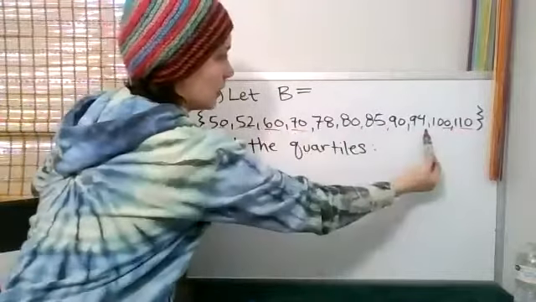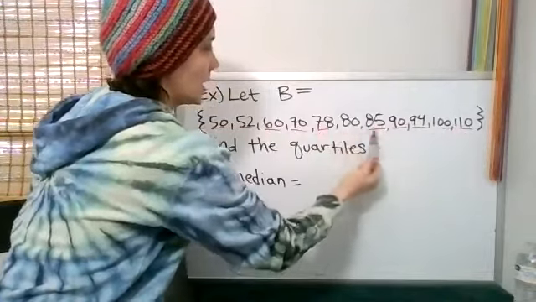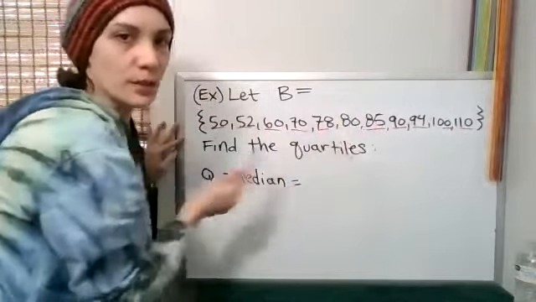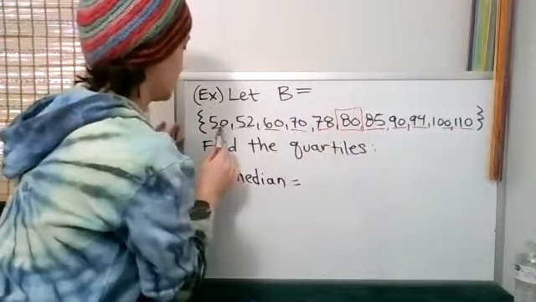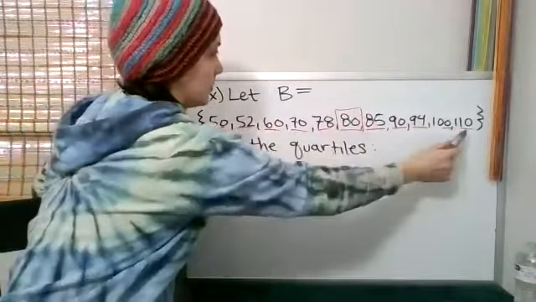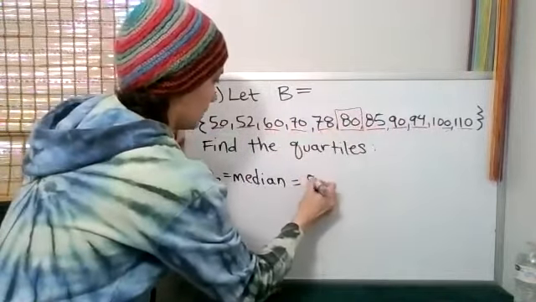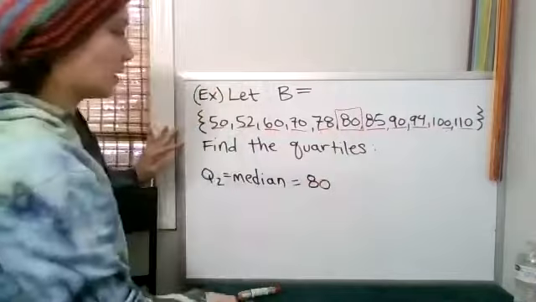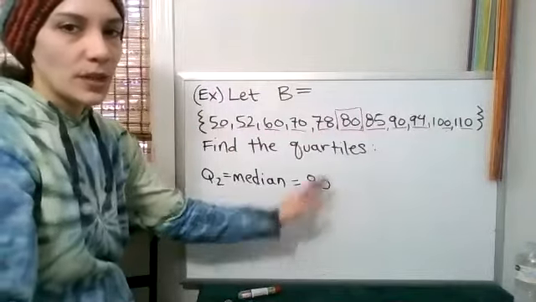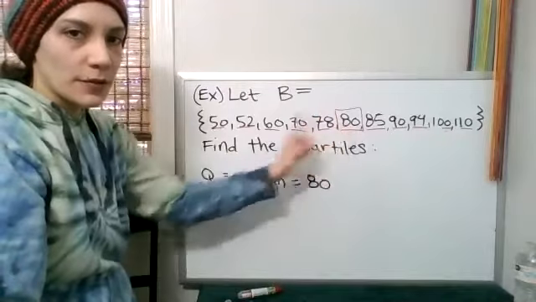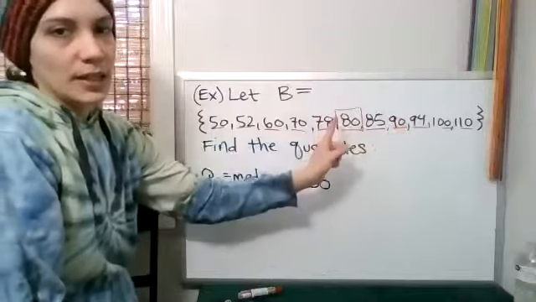Once, twice, once, twice, 1, 1. I have 80 in the center, so that should be Q2. When Q2 is a number in the set, use it twice. Use it for the bottom part, and then use it for the top part.